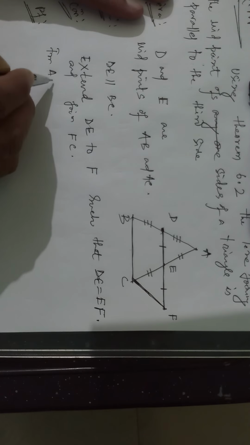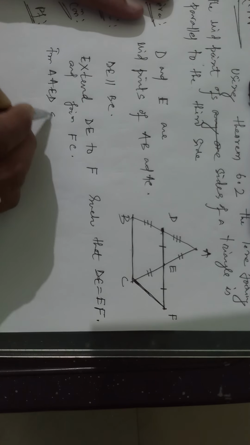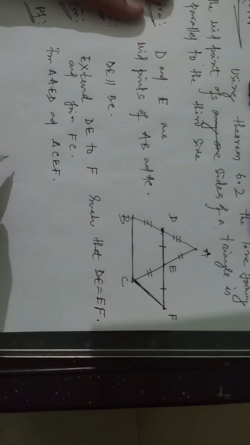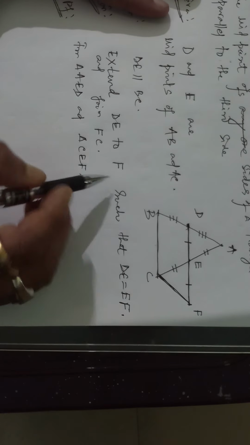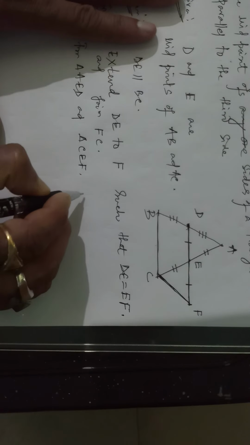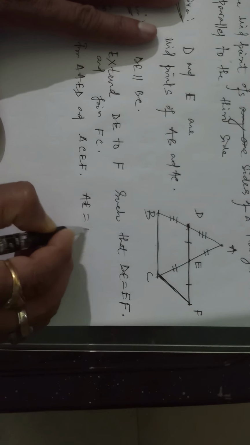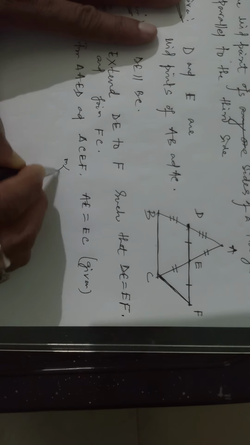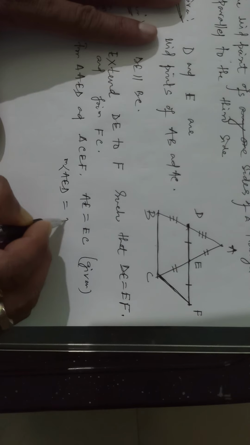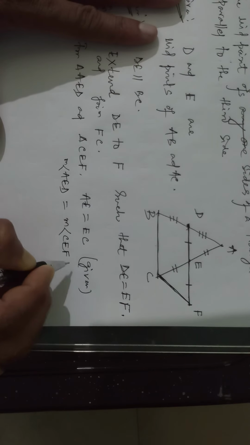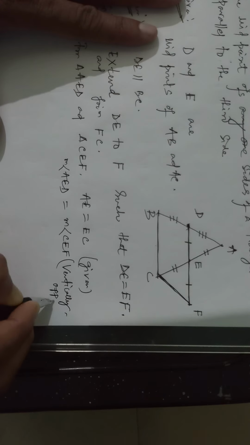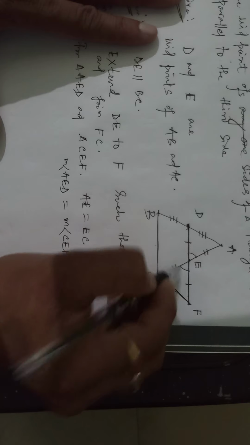From triangle AED and triangle CEF, you write AE equals EC, this is given, and angle AED equals angle CEF, that is vertically opposite angles.